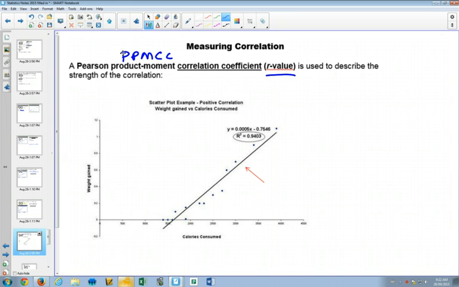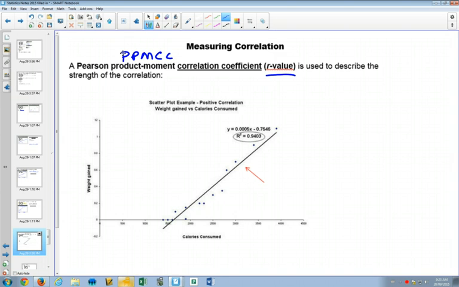So, not only does our least squares regression find us the line of best fit for a set of data, now we need to decide how good is that line for determining things. Is that line really close to our data points, or is that line not very close to our data points?